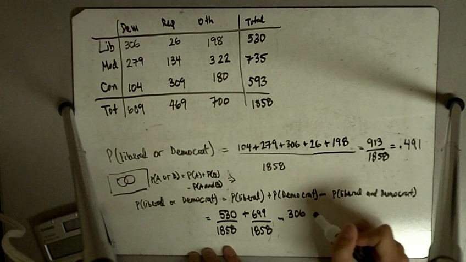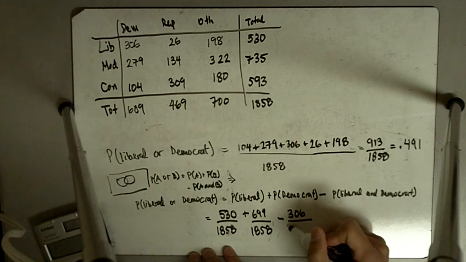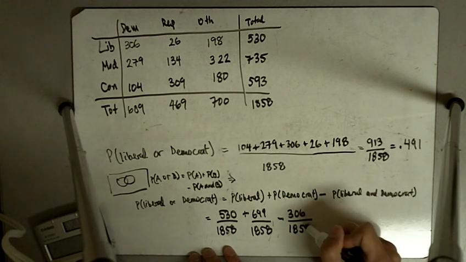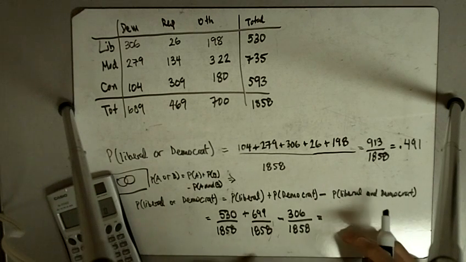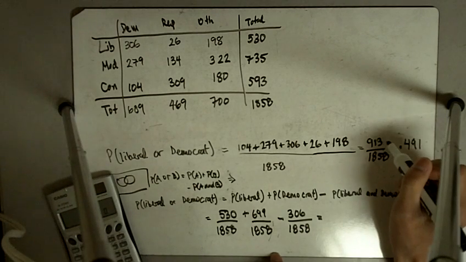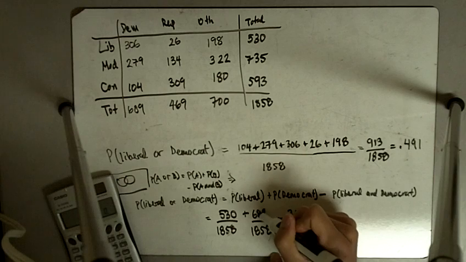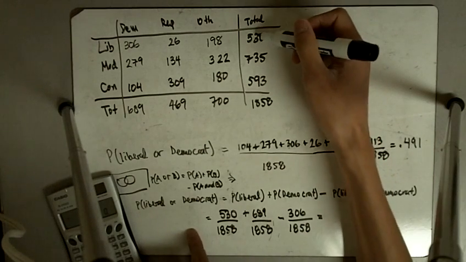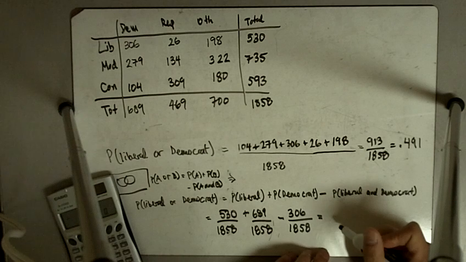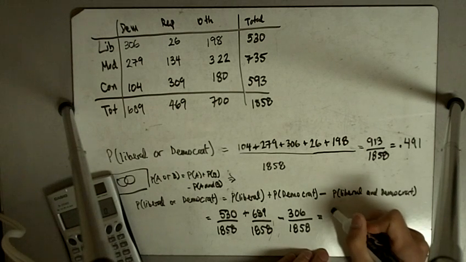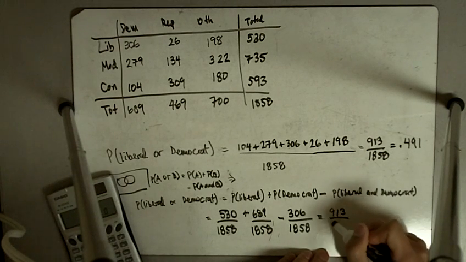So I have to subtract that off, minus 306. And so here, if I do this, I'm going to get the exact same number, and you can test this out. So I've got 530 plus 689 minus 306 all over 1858. I'm going to get exactly 913 out of 1858.